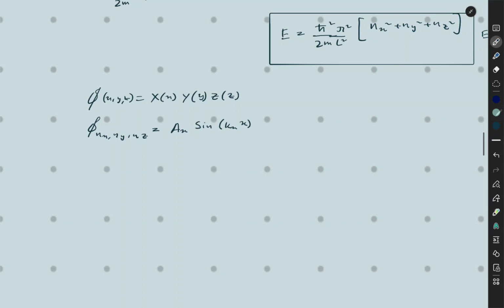So ax sine kx x into ay sine ky y and then az sine kz into z. So this is the final thing that we are getting.